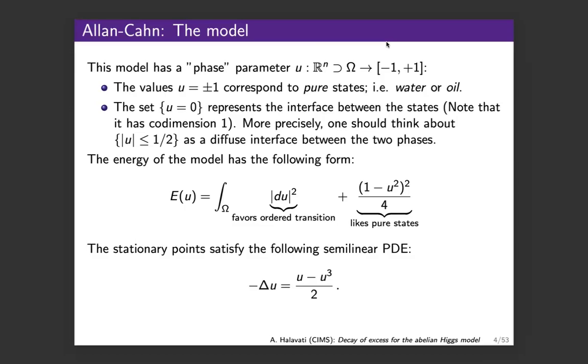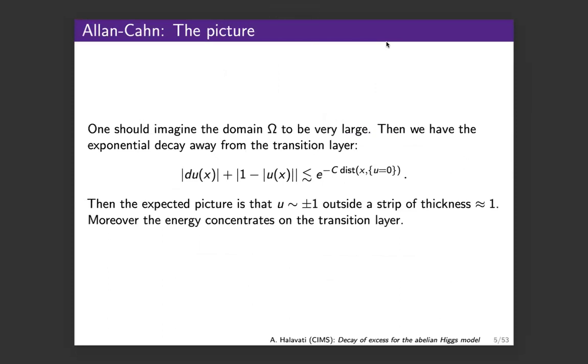First, I want to show you a little bit of how the picture is going to look and how you should expect this model to behave. Think of this omega as a very, very large container, possibly all of R^n. Doing a little bit of Moser iteration arguments, you can see that the energy decays exponentially away from this zero set, or this transition layer.